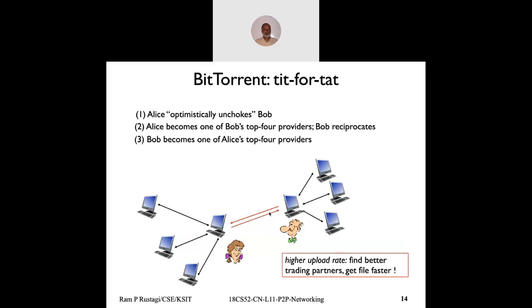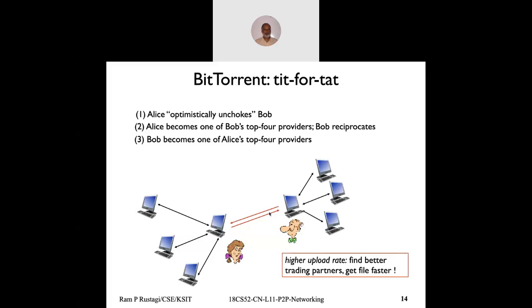This technique is basically what is called tit for tat, meaning I will send data to those who send to me at a faster rate. It's something like what we do. I'll help those first who have helped me in the past. Let's say you want to share your notes with classmates. You'll first share notes with those people who have given you notes in the past, rather than somebody else.